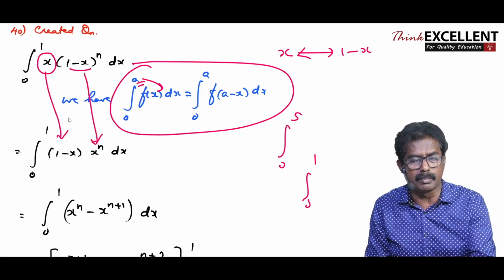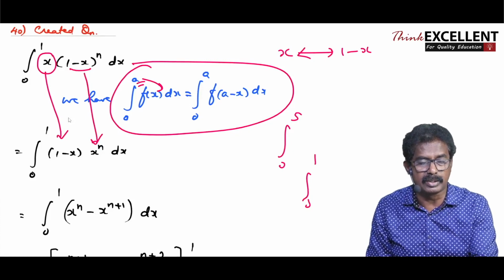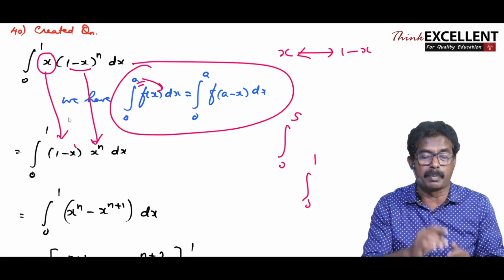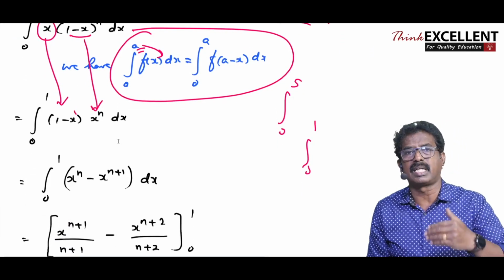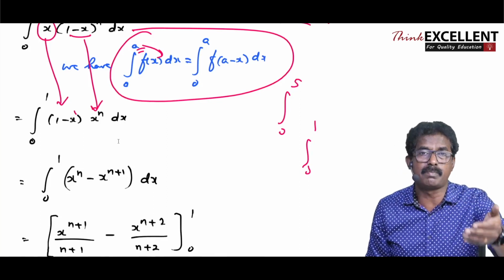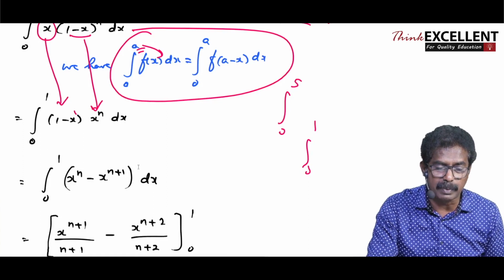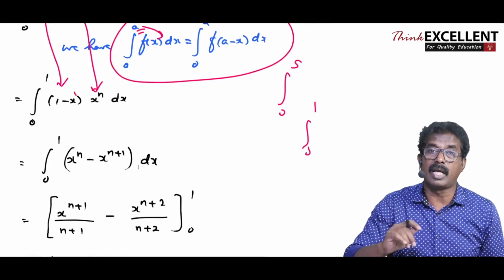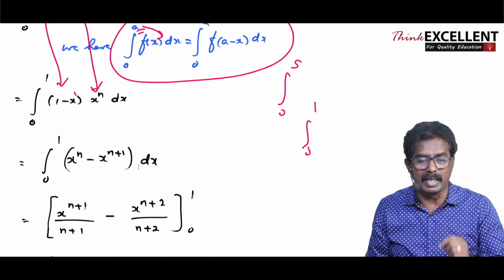Now we multiply term by term: 1 into x raised to n is x raised to n, x into x raised to n, a raised to m into a raised to n is a raised to m plus n, add the powers, x raised to n plus 1. Then simple integration: x raised to 5 integrates to x raised to 6 by 6, add 1. So x raised to n integrates to x raised to n plus 1 by n plus 1, and x raised to n plus 1 integrates to x raised to n plus 2 by n plus 2.